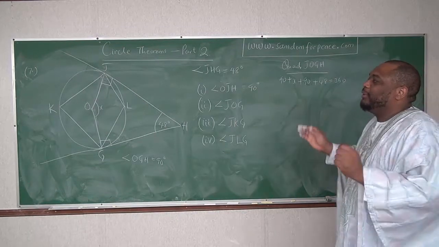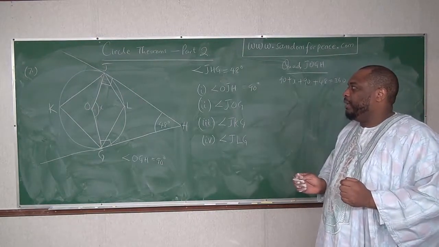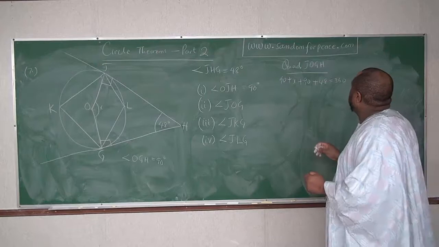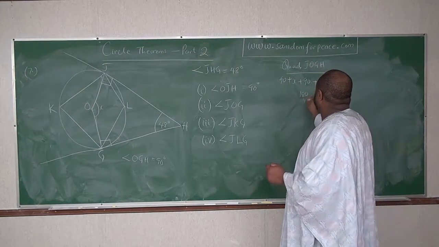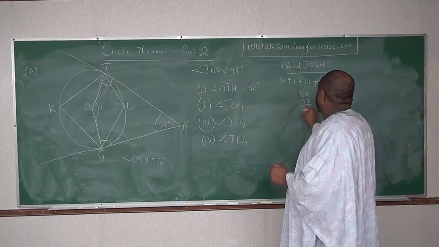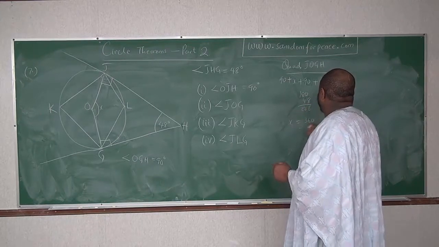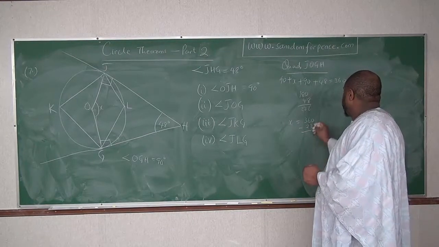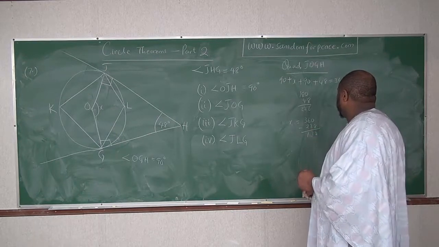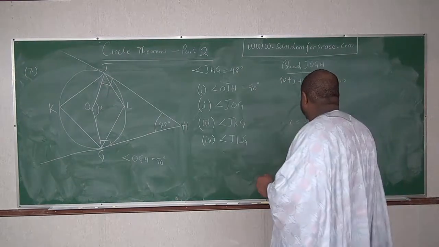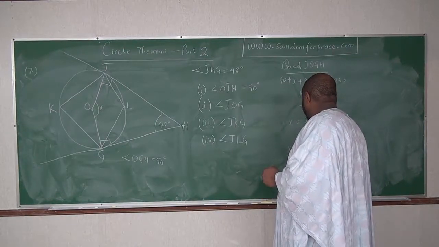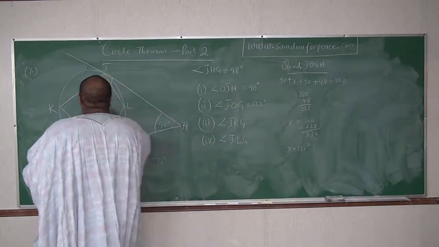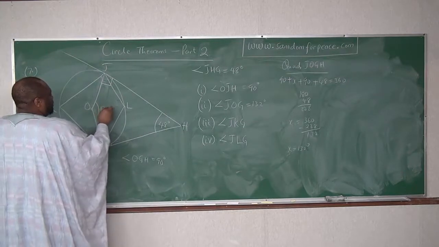There's another way we can do it, but that would be longer. 180 plus 48 is 228, so X is 360 minus 228, which is 132. This is 132 degrees.